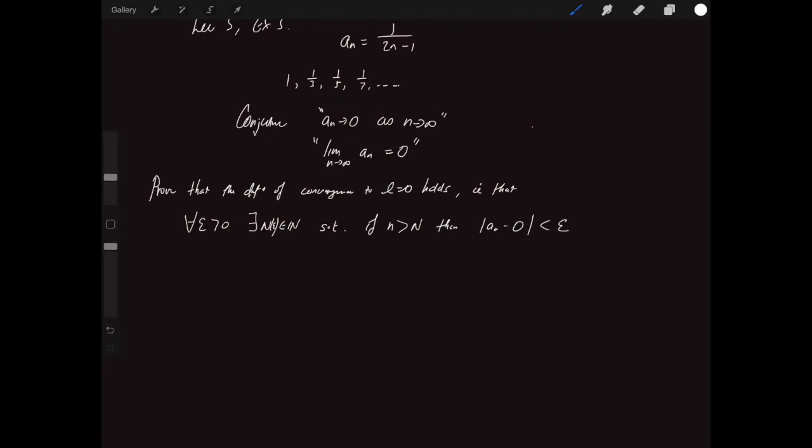So we're thinking, in particular, for all tiny values of epsilon, whenever you're big enough, the difference between your sequence and 0 is tiny.